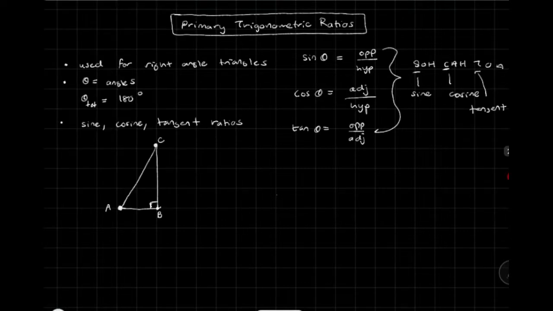The side length opposite of the right angle is always the hypotenuse. I'm going to abbreviate hypotenuse as HYP, but the hypotenuse is the longest side in a right angle triangle.